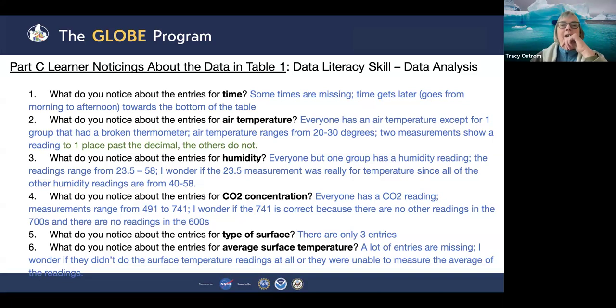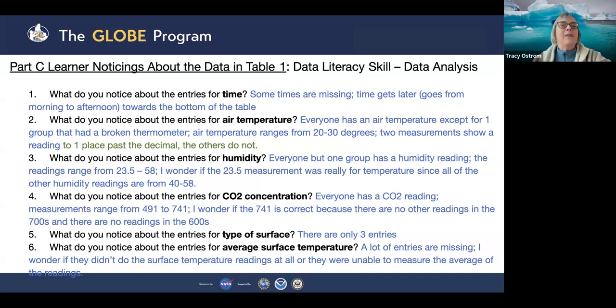So you might notice right away that there are some blanks in this data table. Maybe the blanks come in under time, maybe they come under surface conditions, and maybe there's some metadata in there. I see something that says broken tool, a word that says foggy for surface type, and I don't know what surface type foggy means.